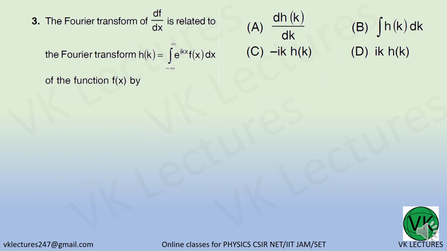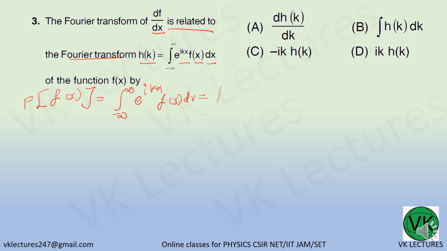The Fourier transform of d by dx of f is related to the Fourier transform h of k equal to the integral from minus infinity to plus infinity e power ikx into f of x dx. Now what we have is the Fourier transform of f of x equal to the integral from minus infinity to plus infinity e power ikx into f of x dx.